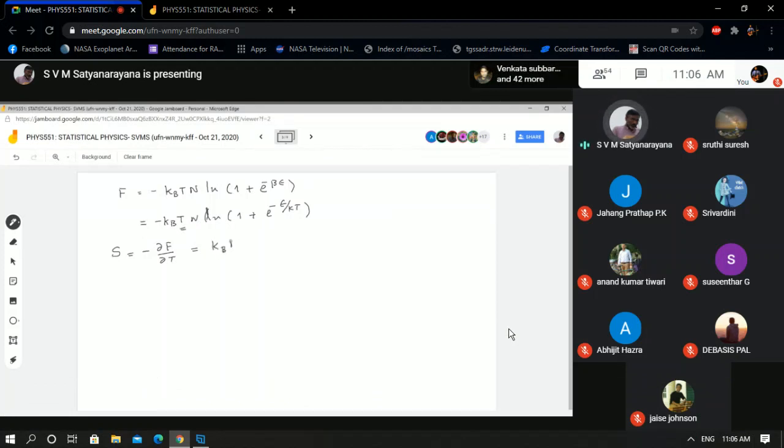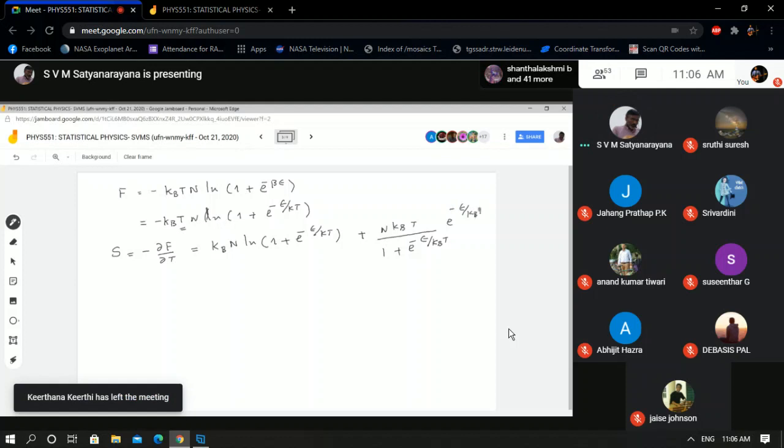So k_B N logarithm of 1 plus e to the minus epsilon by k_B T, plus N k_B T divided by 1 plus e to the minus epsilon by k_B T, into e to the minus epsilon by k_B T, into epsilon by k_B T square.